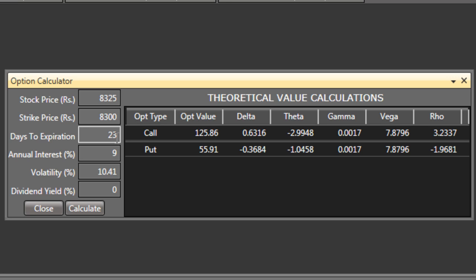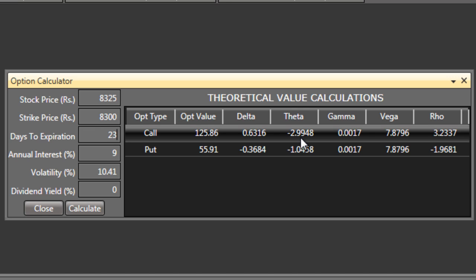Exactly, it reduced by around 2.98, and the theta also changed. All these figures are dynamic. So theta is basically the change in option premium with respect to time decay.